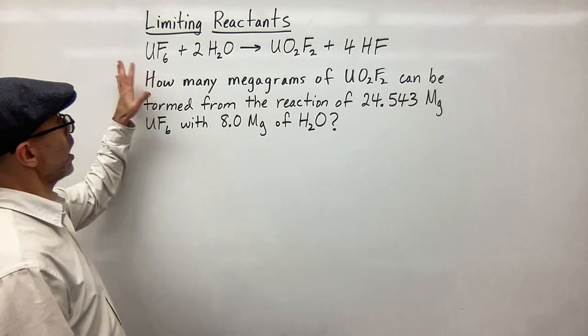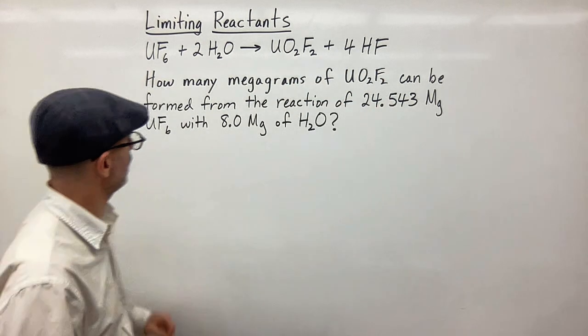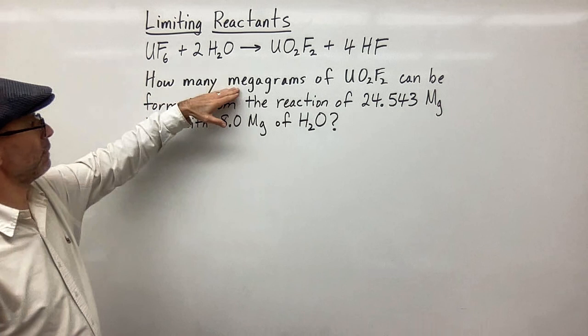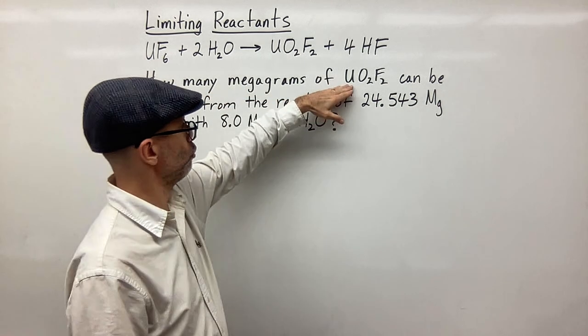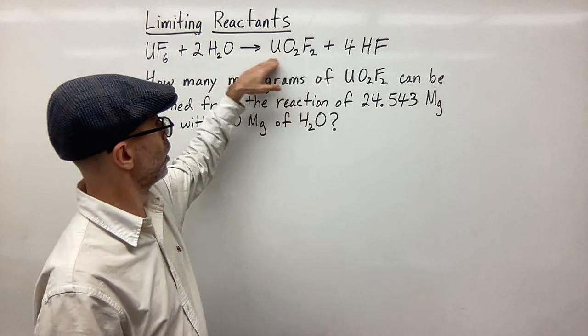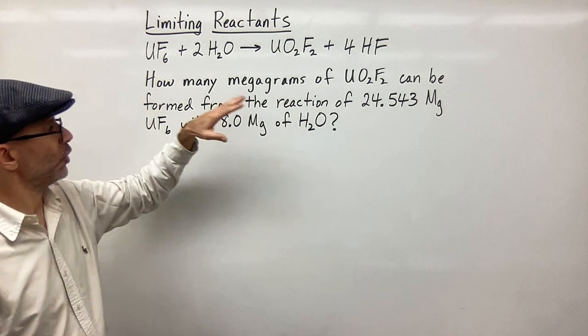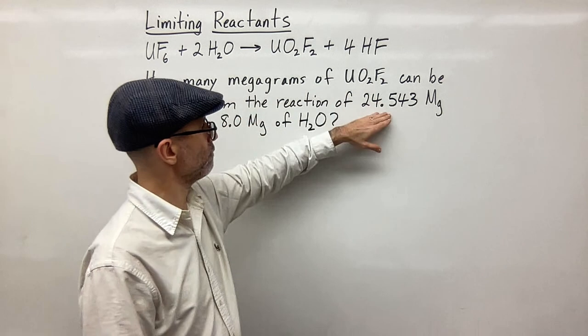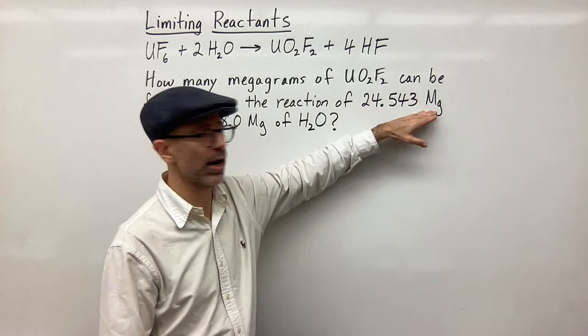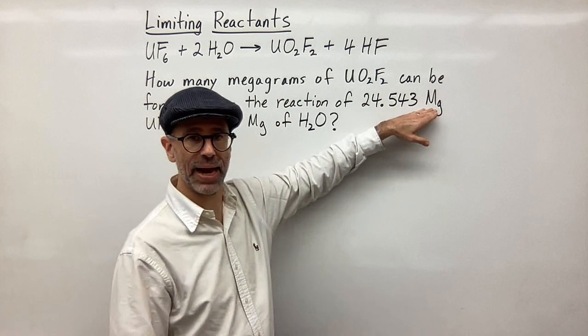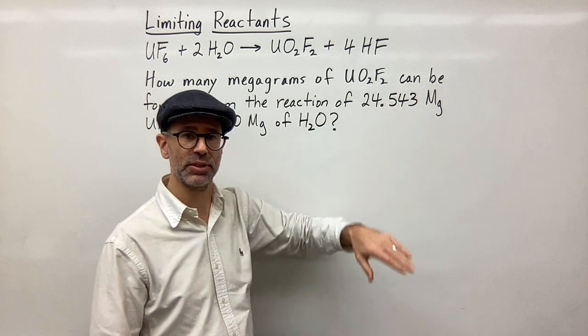So here we have our balanced equation, and we're asked how many megagrams of UO2F2, which is one of our products, can be formed from the reaction of 24.543 megagrams. That is not magnesium, that is megagrams.